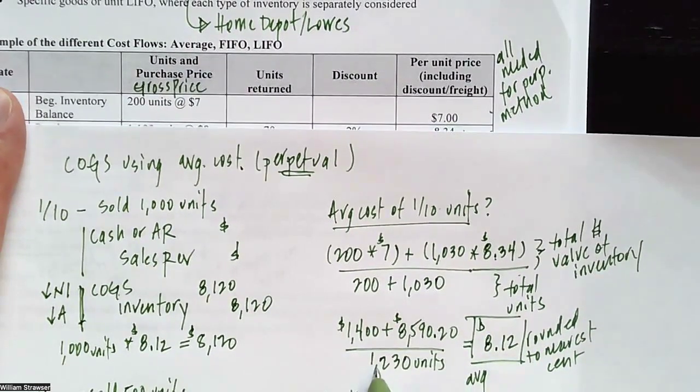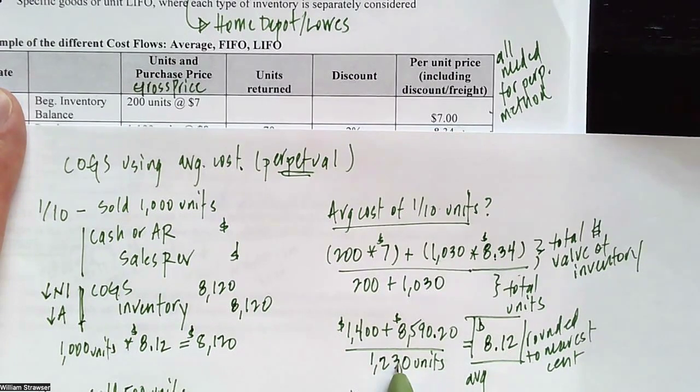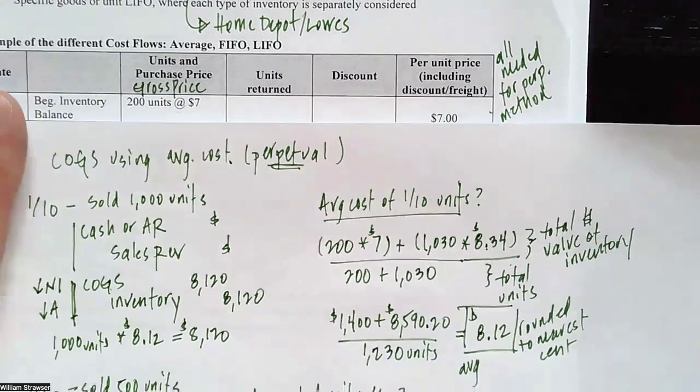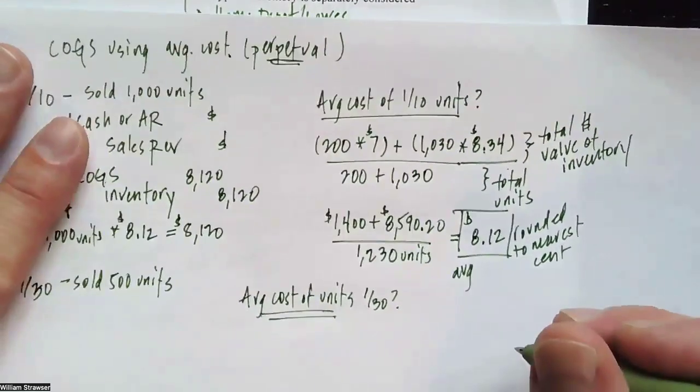Because I had 1,230 units at January 10th, and I used that to figure out how much the cost per unit on hand was. But then I went and sold 1,000 of those units. So if I sold 1,000 of these, I have 230 left at that price of $8.12.